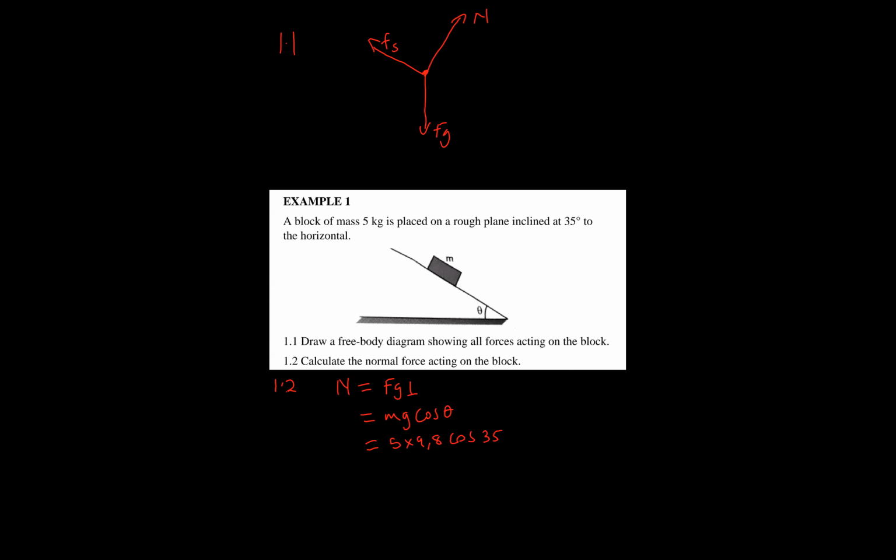Now let us press our calculator here. 5 multiplied by 9,8 cos of 35. So it's going to be 40,14.